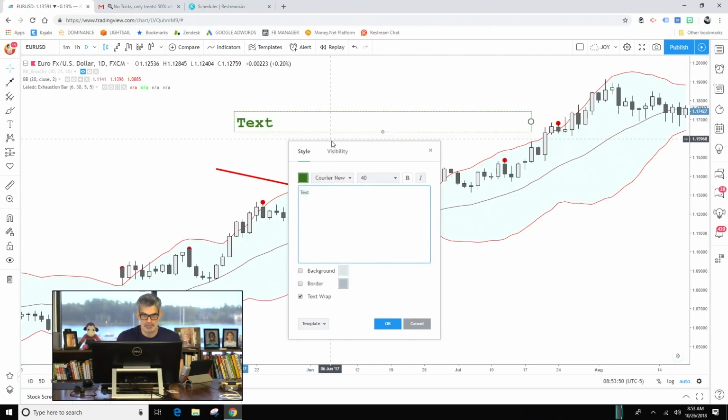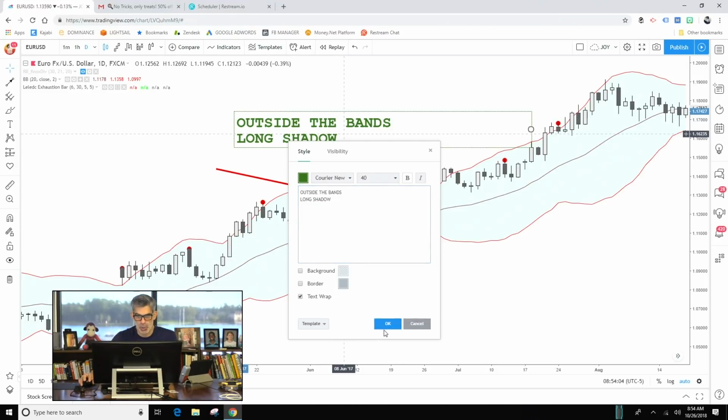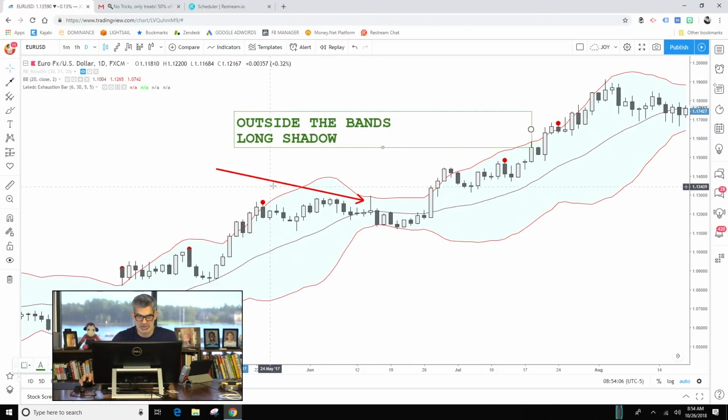So we're going to say outside the bands. That's a requirement. Most of the candle formed is outside the bands, and a really long shadow. And those are requirements. And unless I have those requirements, then I'm not even going to consider the trades.